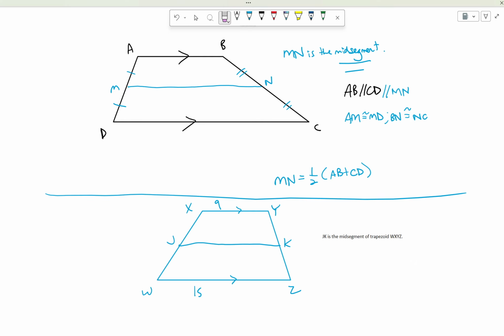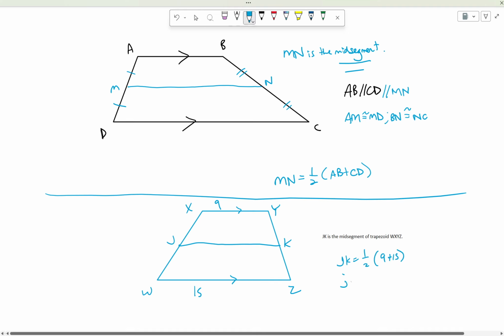I'm going to use the formula: this mid-segment is equal to half of the sum of those other two numbers. So JK is equal to 1/2 of 9 plus 15. 9 plus 15 is 24, so JK is equal to half of 24, which is 12.